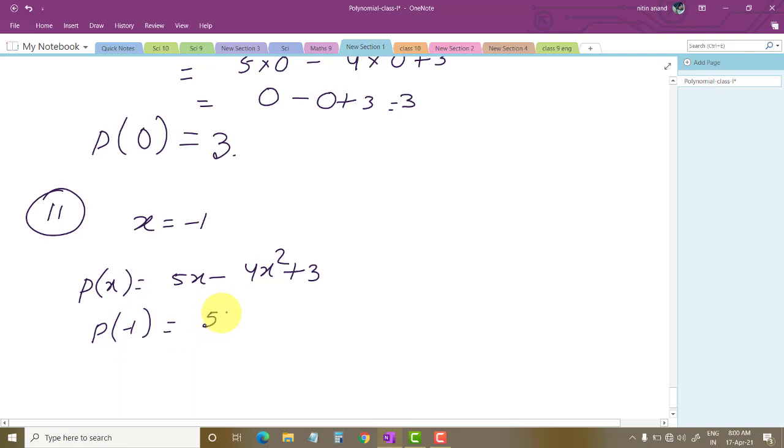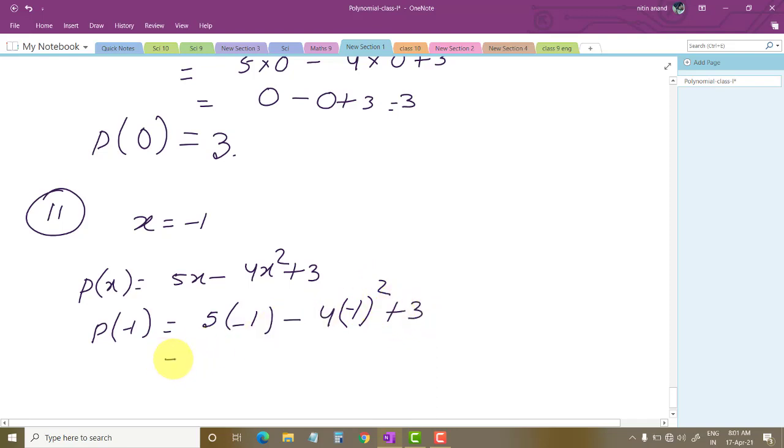It becomes 5 into x, x is minus 1, minus 4x square, that means in the place of x we will write minus 1, and plus 3.